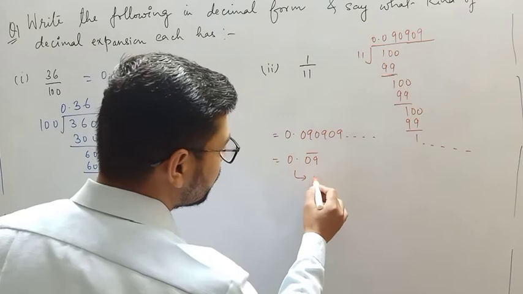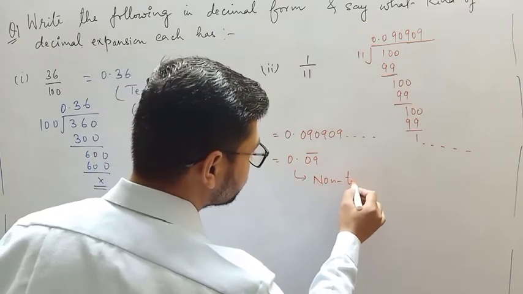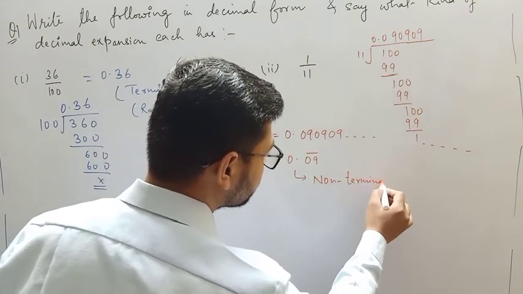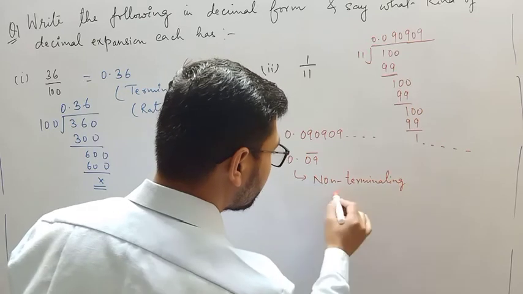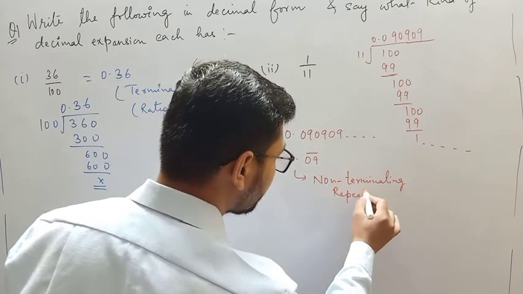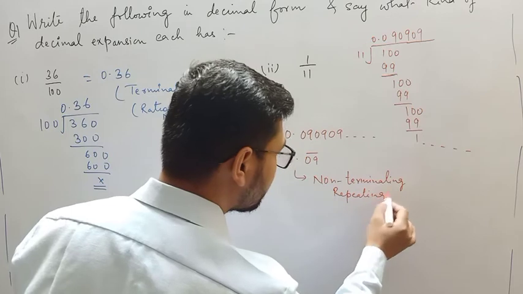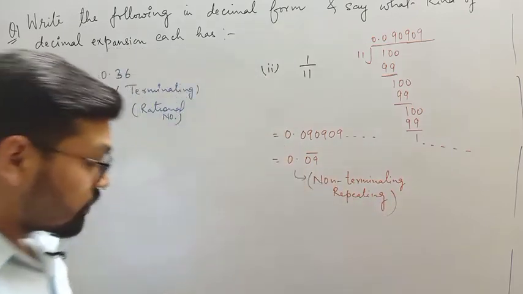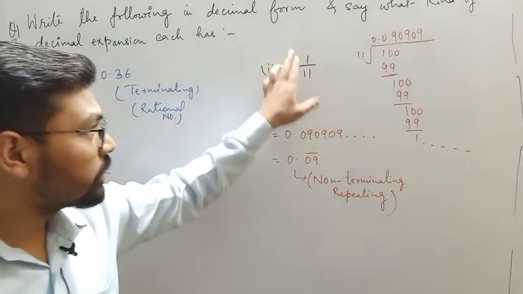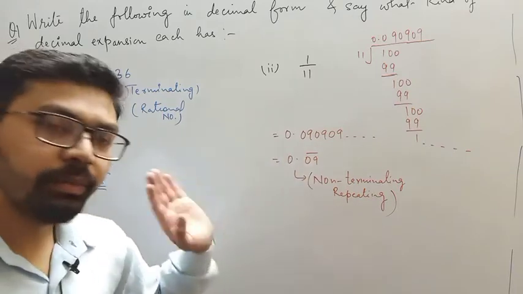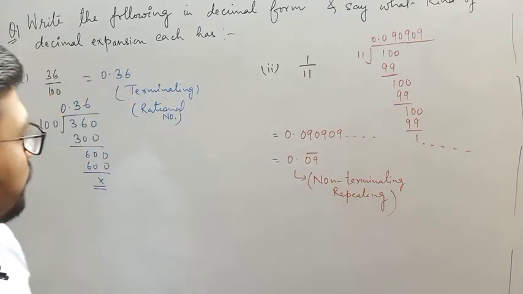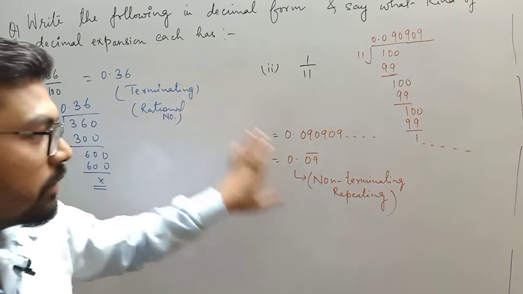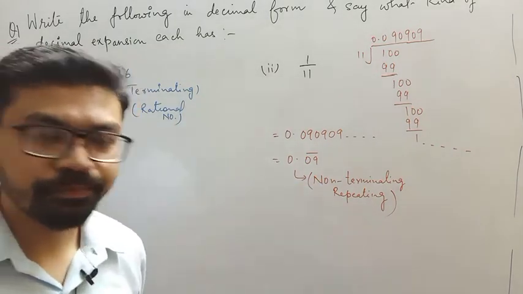So this is non-terminating, repeating. So the decimal expansion of 1 upon 11 is a non-terminating and repeating form. Okay. So this is terminating, this is non-terminating but repeating.